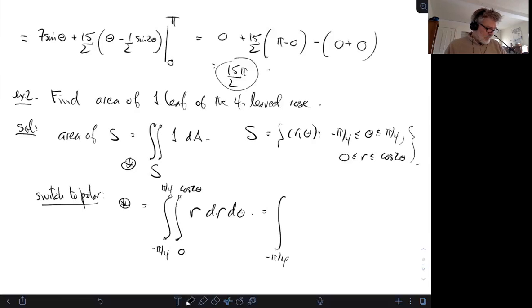Integral from minus pi over 4 to pi over 4. What is the integral of r with respect to r? R squared over 2, going from 0 to cos 2 theta, d theta.